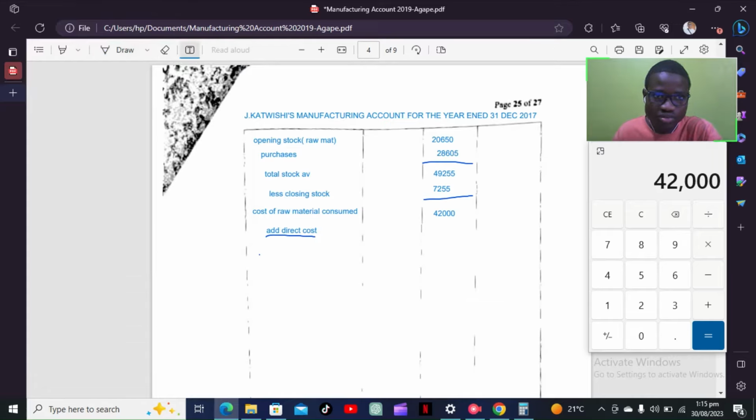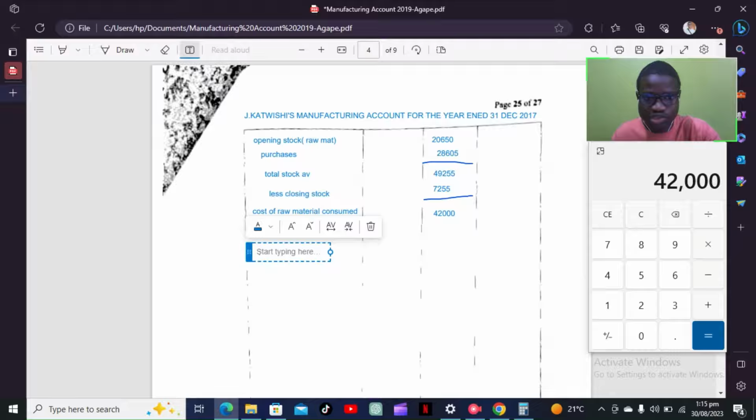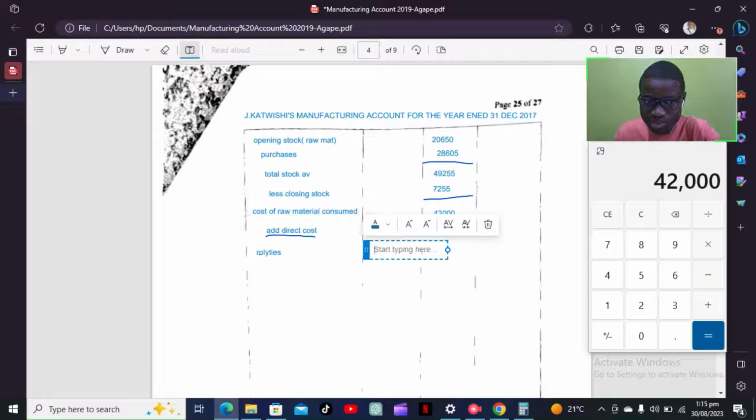We're going to mention, okay, royalties. How much was our royalties? So our royalties, we're not going to put it on the middle column, but we're going to bring it here.